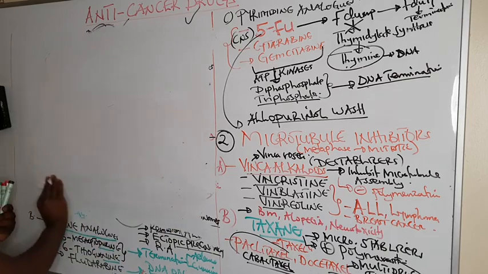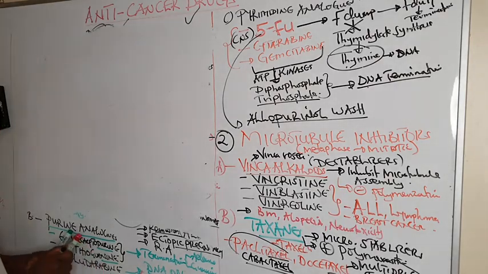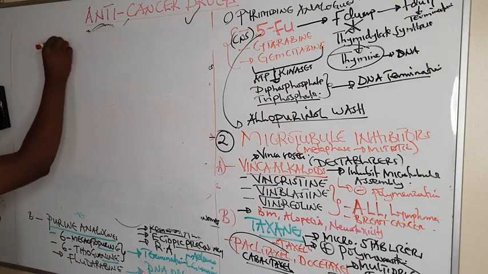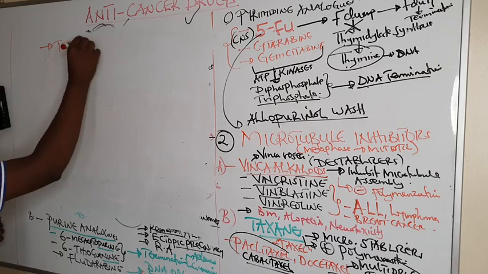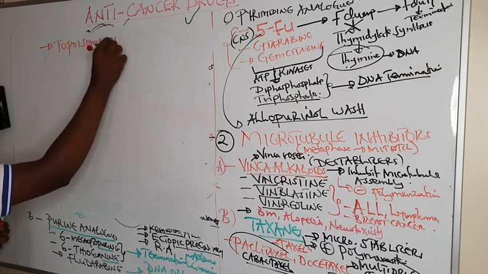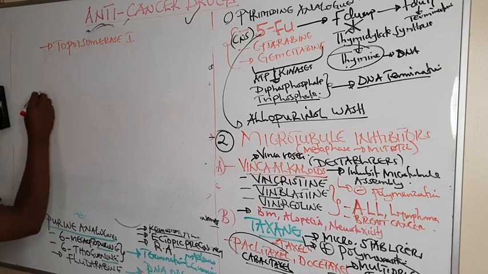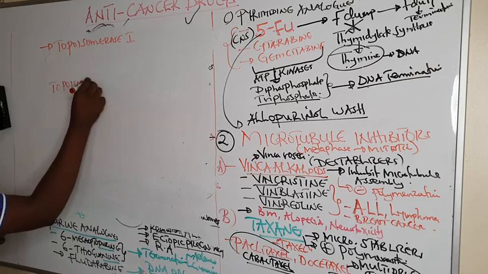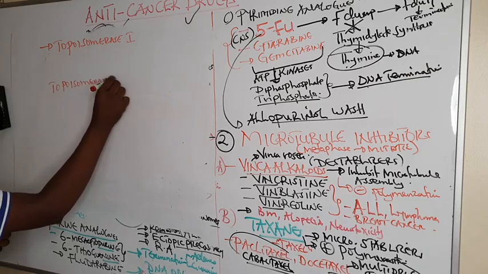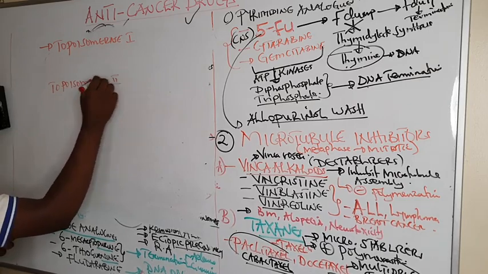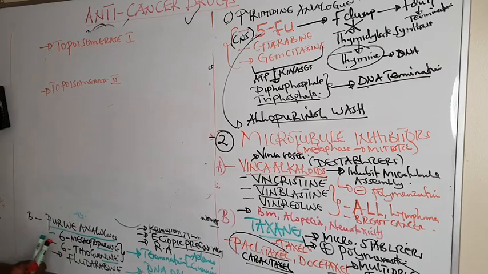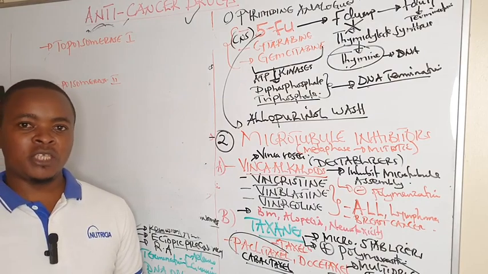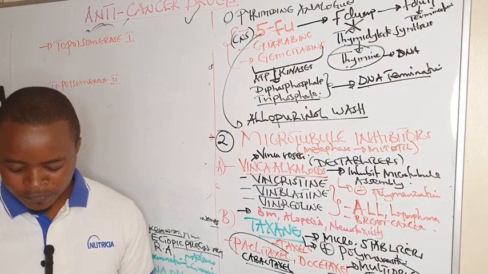Another category we can mention is the topoisomerase inhibitors, whereby we have topoisomerase type 1, and we are going to look at topoisomerase type 2 inhibitors.